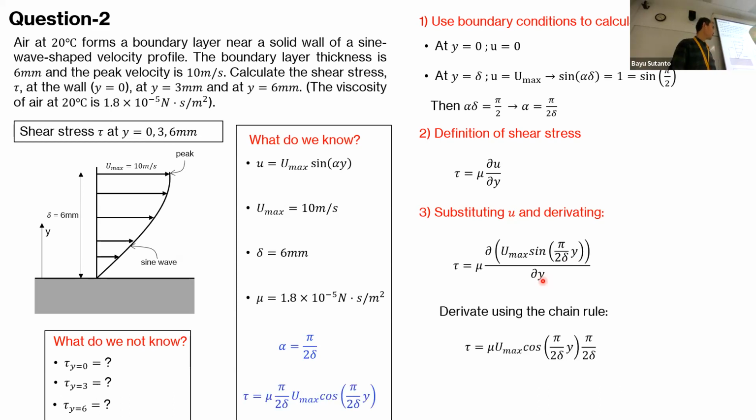Using the chain rule, I think everyone is kind of familiar with it. This is a constant times y, so we can take the constant out, and the derivative of sine gives cosine, with the constant from the y inside remaining.